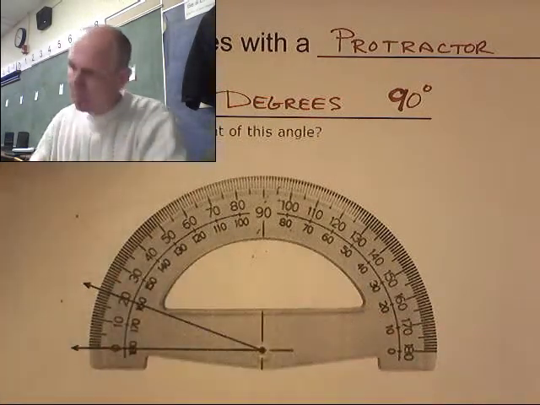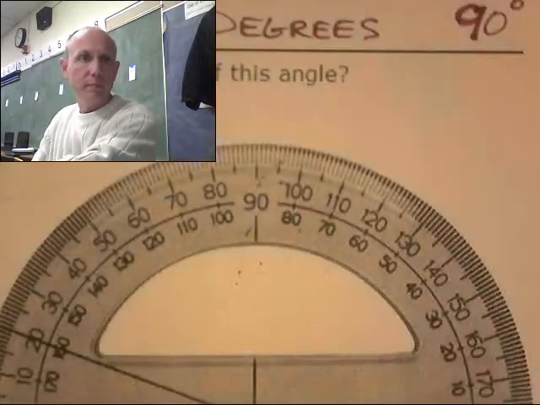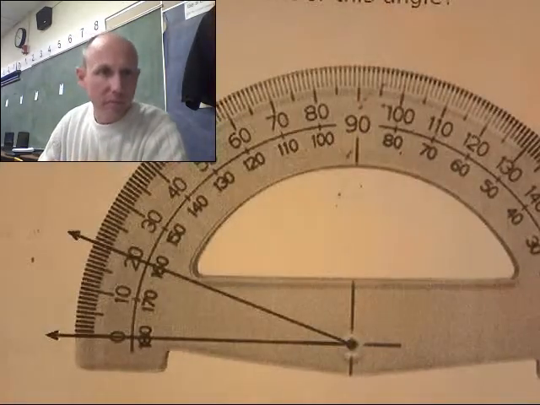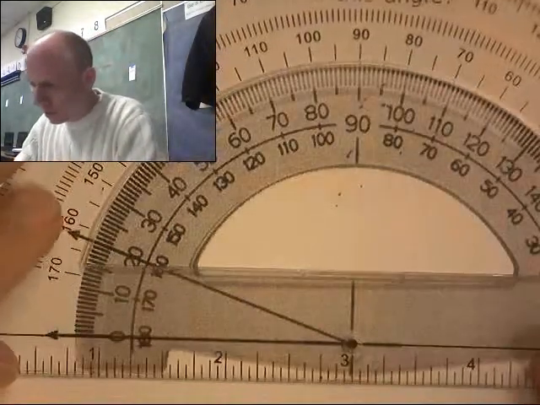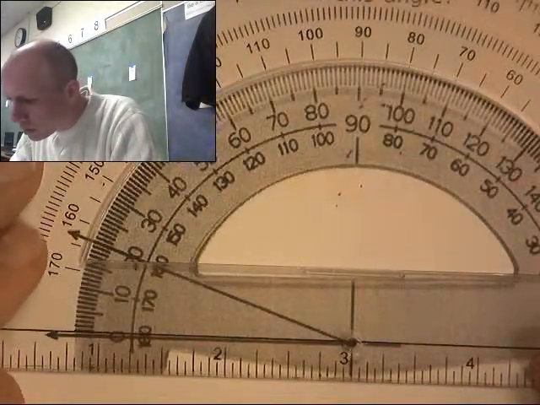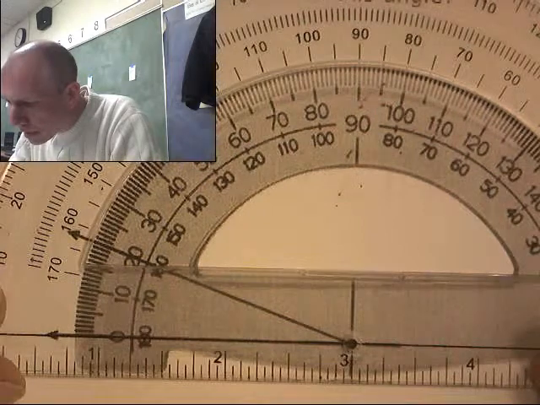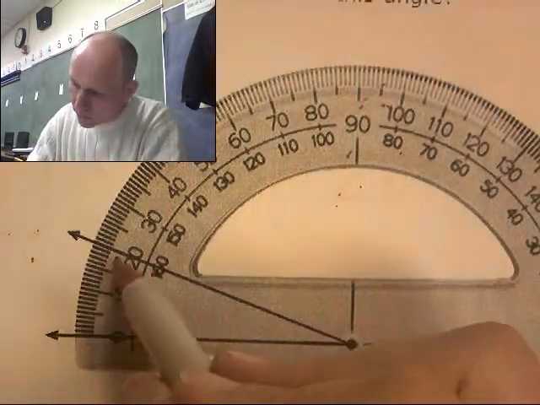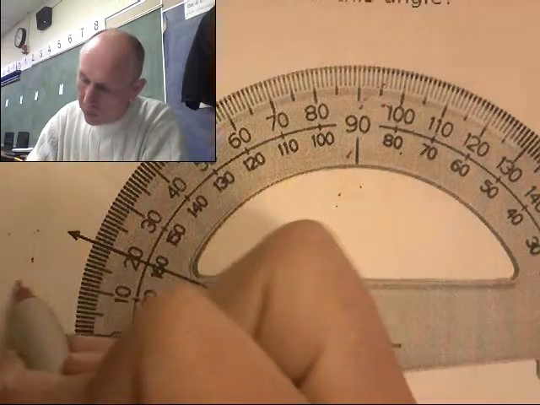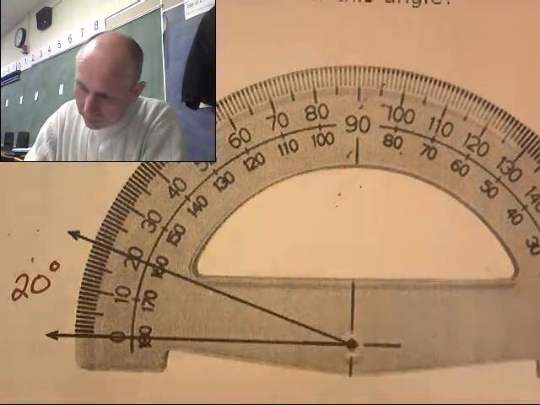Can you see that? Let me zoom in on that for you a little bit. See, what would that be? So that's how I would do it. I would put my protractor right on top of this angle. I go and I measure it, and it says that it is 20 degrees. It's 10, 20 degrees right there, 20 degrees.